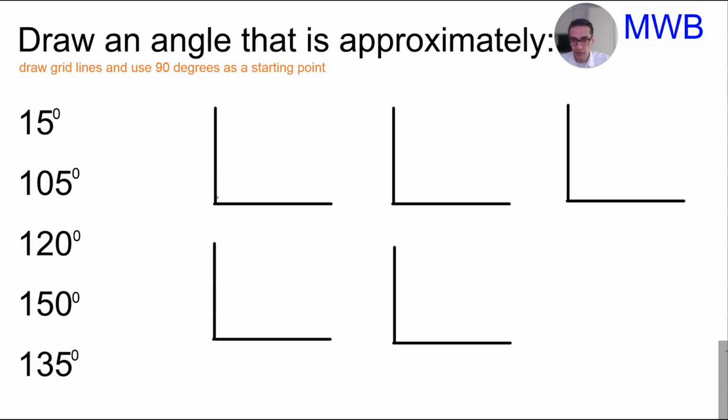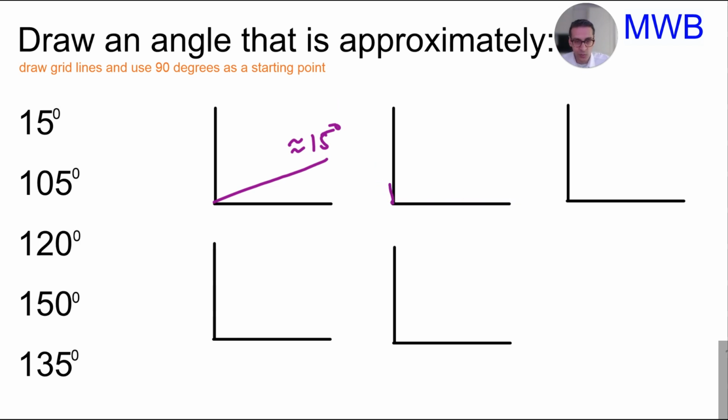Okay, so the 15-degree angle is going to be somewhere like that, so approximately 15 degrees. The 105-degree, well, if I know that this is 90, 105 is going to be a bit more than that. So my angle is going to look like this. So there's my vertex, these are my two arms. That's too much.